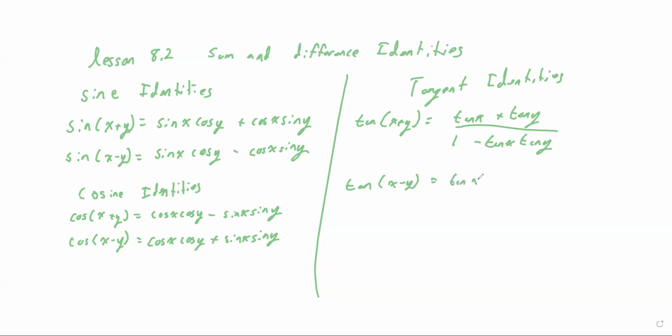So this becomes tan X minus tan Y over 1 plus tan X times tan Y. The goal is to try your best to memorize these so you're able to use them as identities. So with that, let's go into some examples.